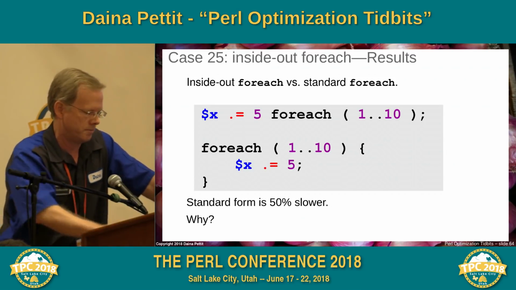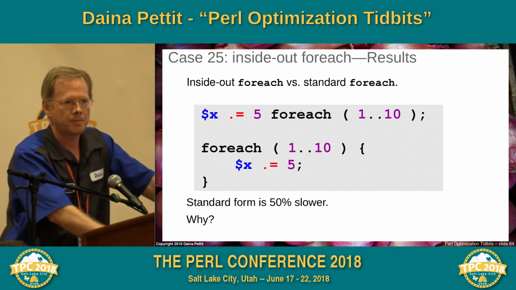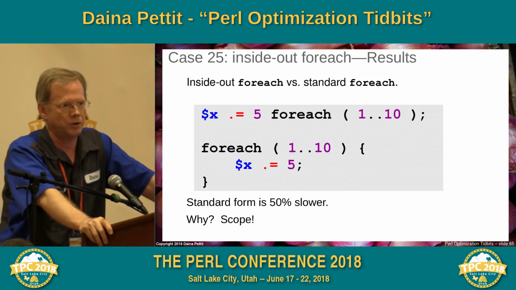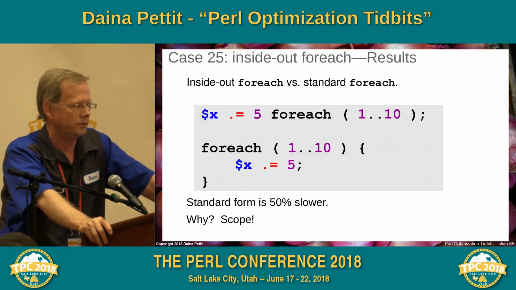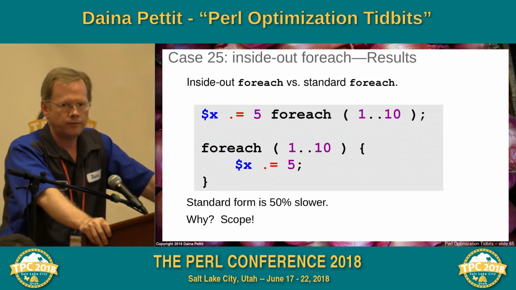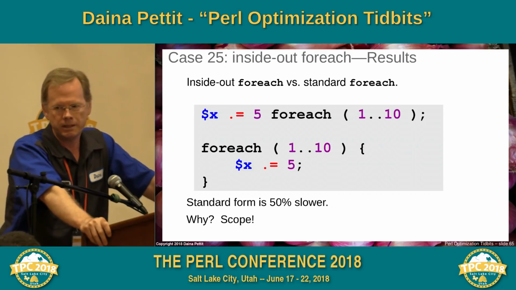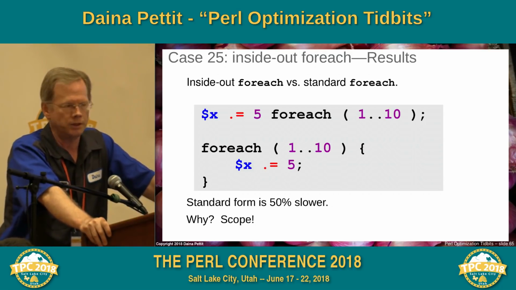Anybody have a reason why? Scope. That's right. It has to create the scope for that foreach. Although I think the inside-out form is kind of ugly and not as nice for reading, it actually does help you if you don't need the scope.